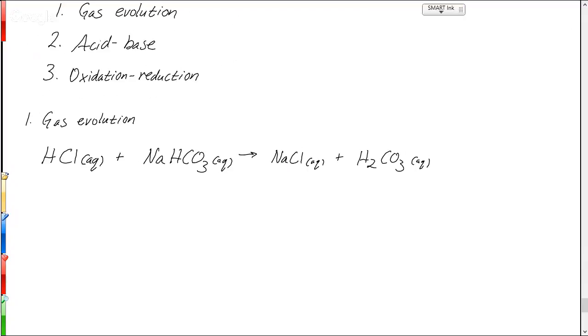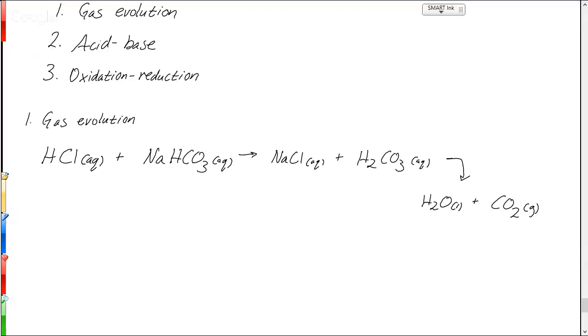But what happens is carbonic acid isn't a stable molecule in aqueous solution. So this spontaneously and immediately becomes water and carbon dioxide.